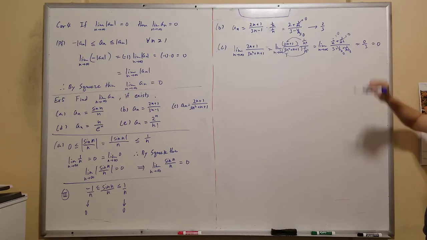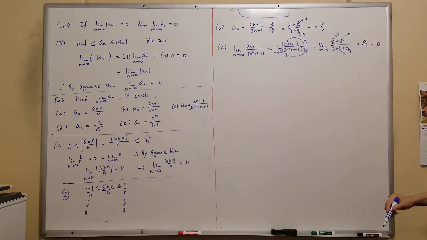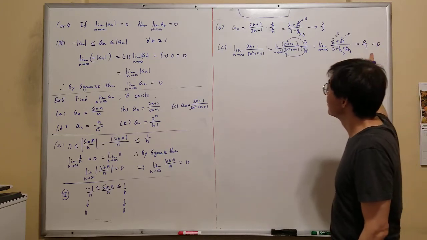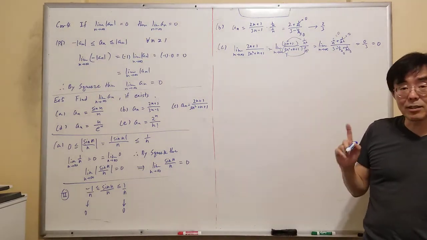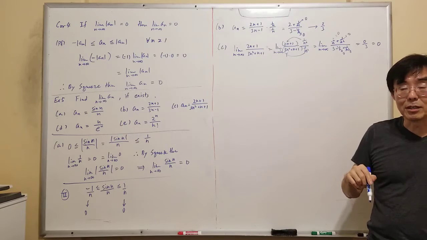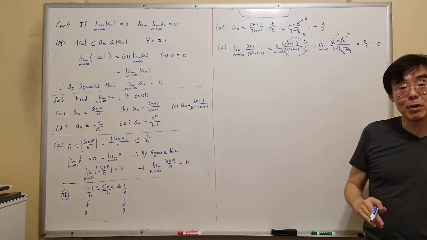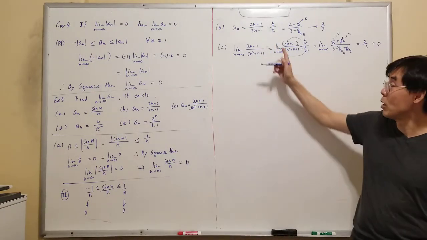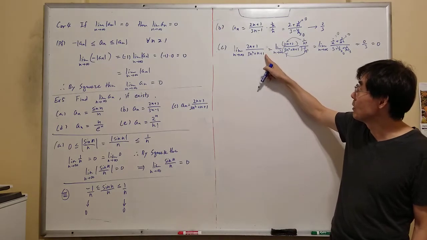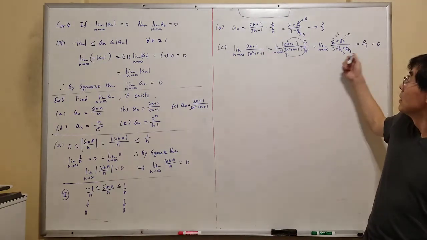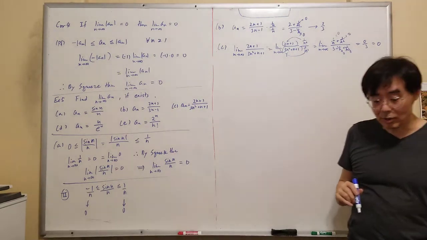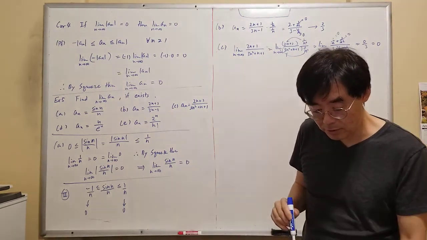Yeah, that is 0. This is what happens when your denominator has the highest power bigger than the highest power of the numerator. So in the polynomial case, that means the degree of the denominator is greater than the degree of the numerator. Then you approach 0.